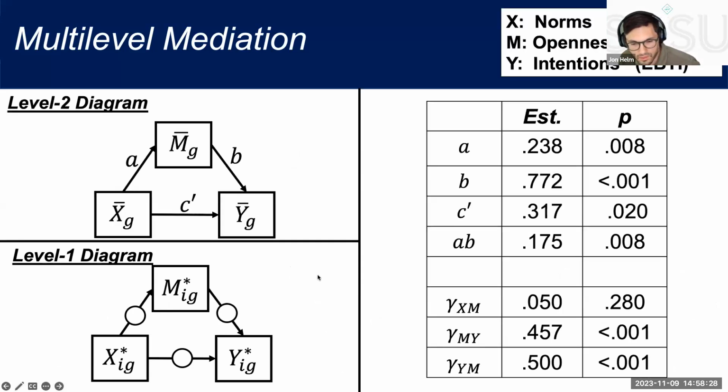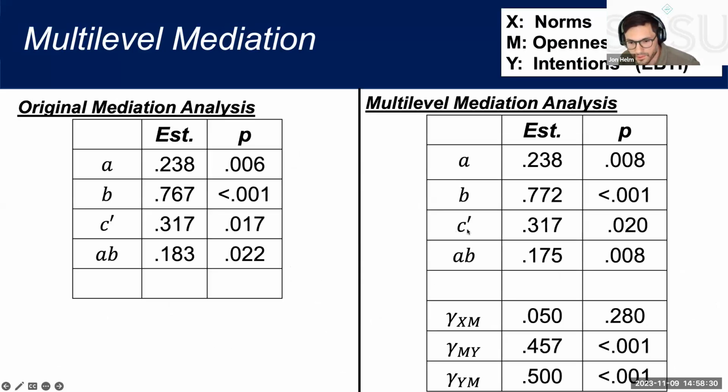And so when I do this, I'll just do this one side by side. This was the analysis where I did a multi-level mediation. And this was the original mediation analysis. And you can see that the A, B, C prime, and AB effects, those are essentially mirrored across the analyses. But what I'm getting on top of it, in case I'm interested, is these are effects that are happening at the individual level. And what we see is that I don't really have an association between X and M for individual levels after this has been accounted for at level 2.